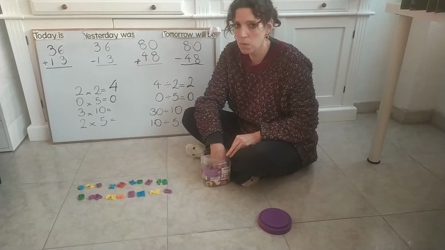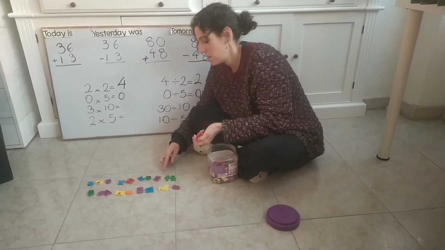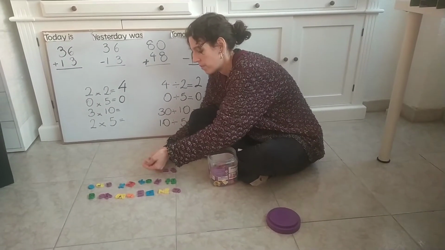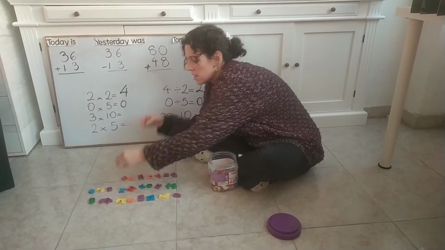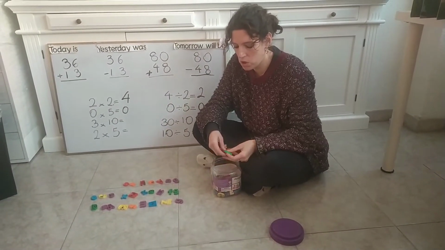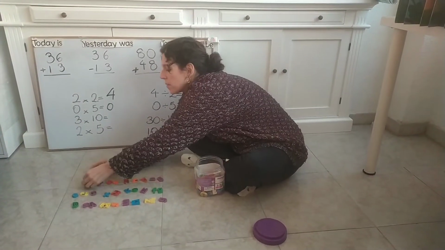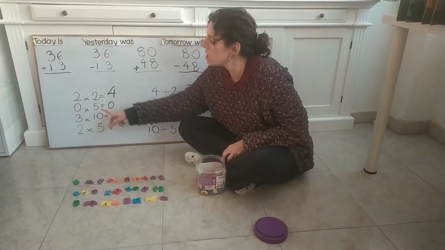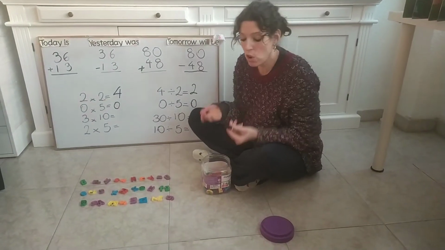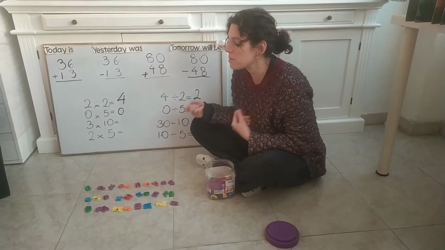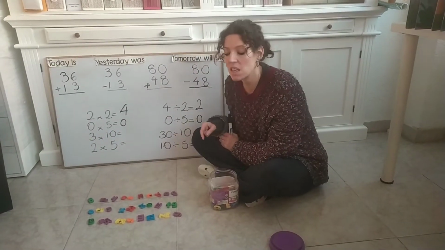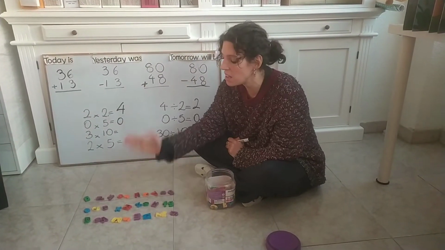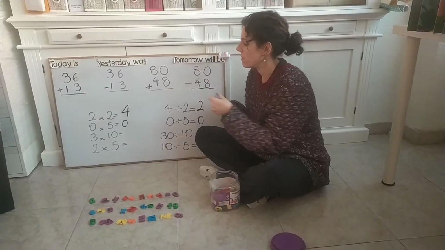And let's do another one just over here. 3, 5, 7, and 3 more makes 10. So, 3 groups of 10. Remember, we all know the rule. If I times anything by 10, I just take my number and add my 0. Or I can count in tens: 10, 20, 30.